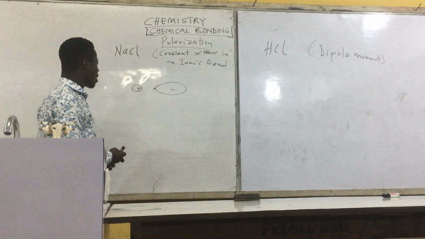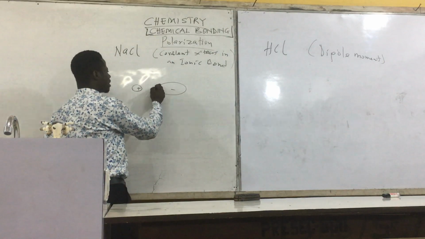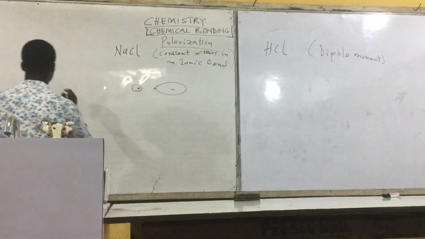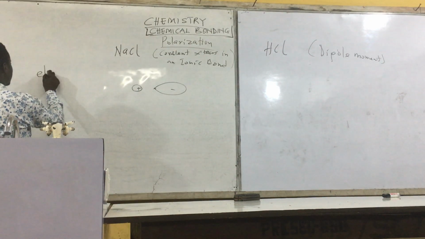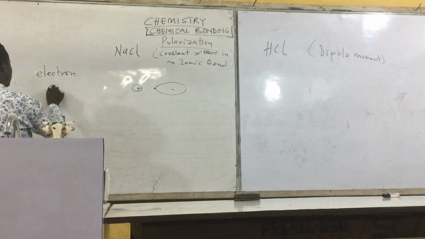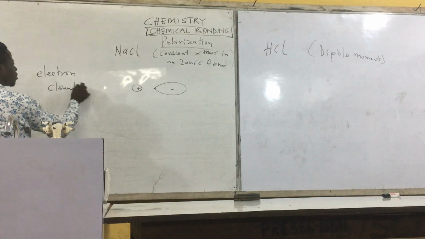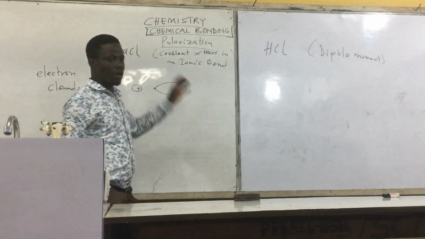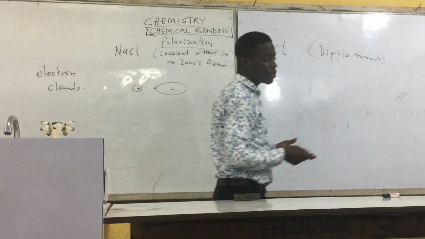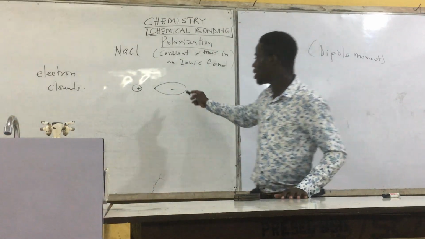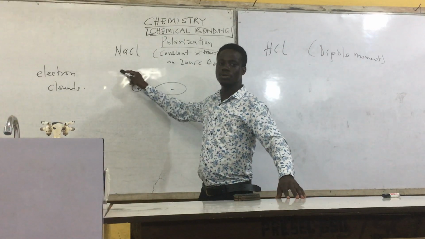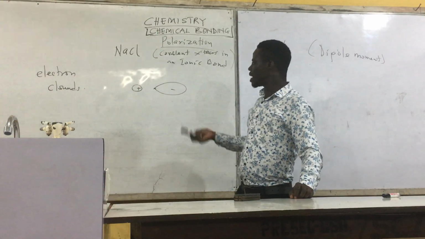So what is really going to happen? You realize that this chlorine, the anion, has something we call an electron cloud. This is the electron cloud, and this is the cation, sodium.